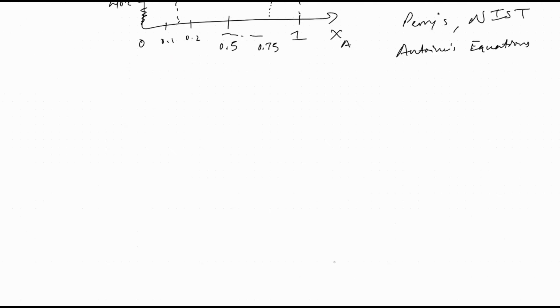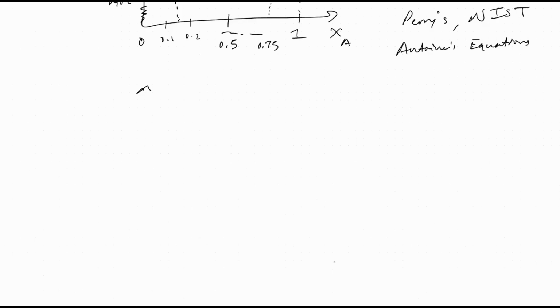Suppose I have T and XA, and this is T boiling B, T boiling A. This is 1.